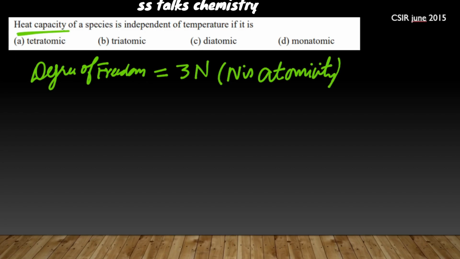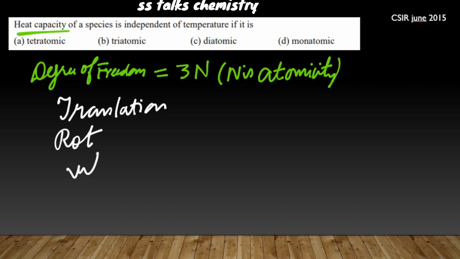So now out of these 3n, we have different degrees of freedom. We have the translational degrees of freedom, we have the rotational degrees of freedom, and we have the vibrational degrees of freedom. Based upon the atomicity of the gases, the number of degrees of freedom is going to vary, right? So the temperature dependence, out of these degrees of freedom, can be seen only for the vibrational degrees of freedom.